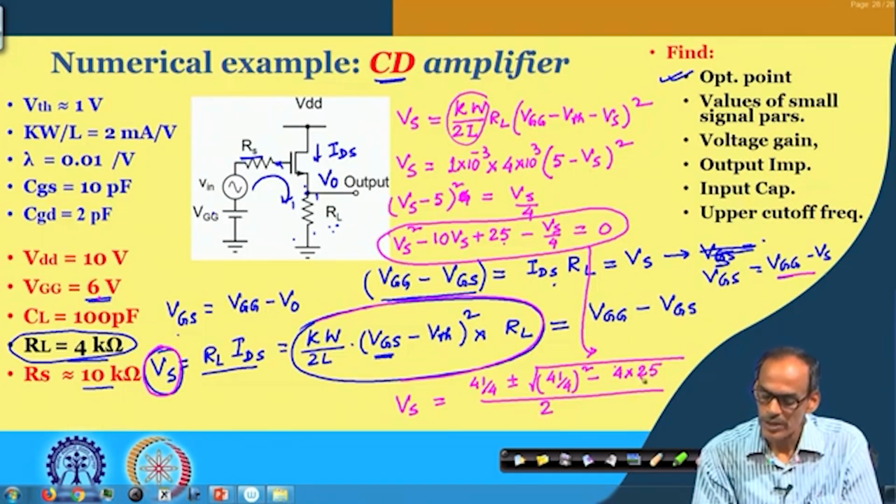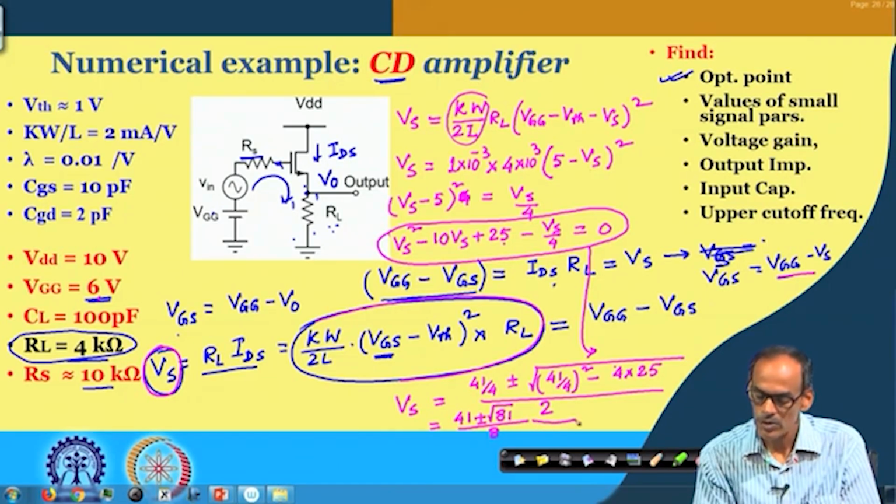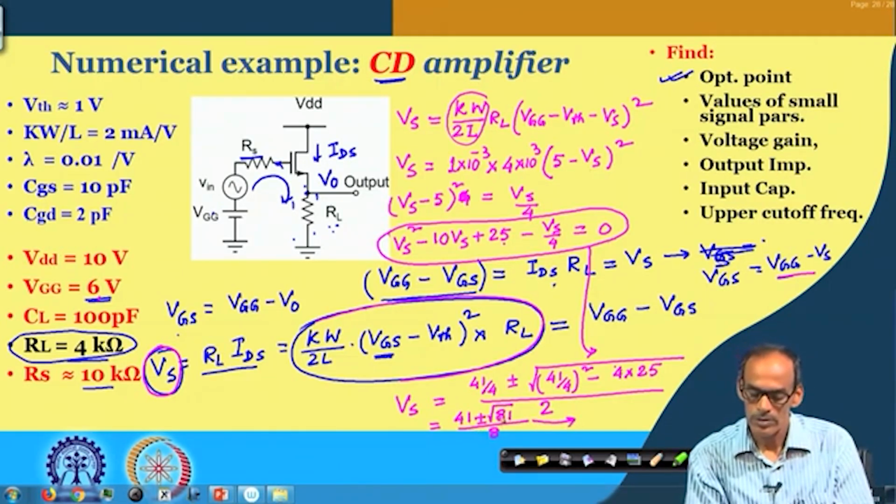If you take 4 outside, here we have 41 square and here 16, so 4 square. Basically you will get the square root of 81 divided by 4 into 2, which gives 9.